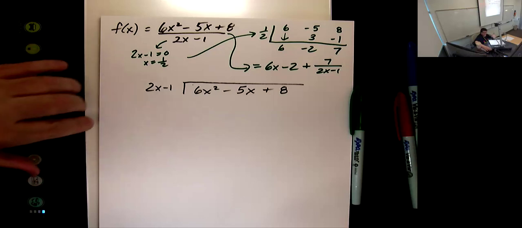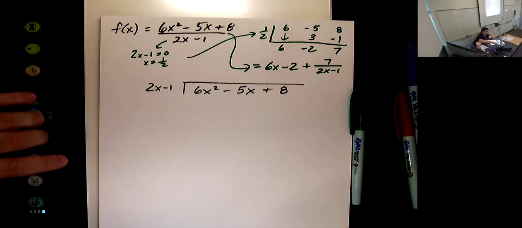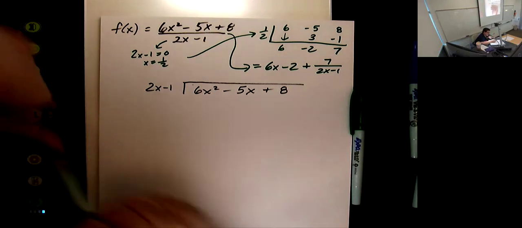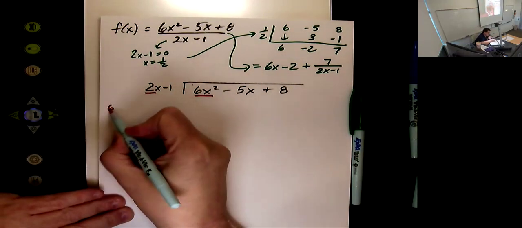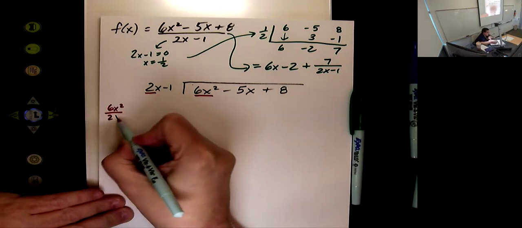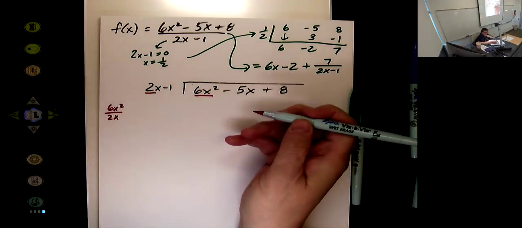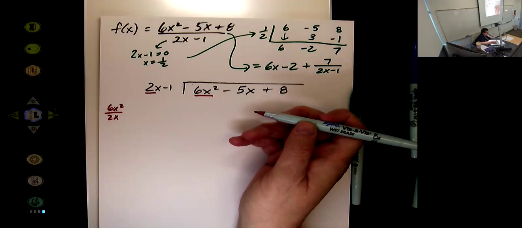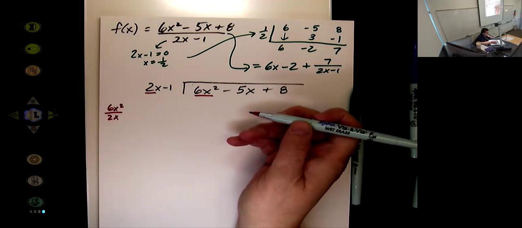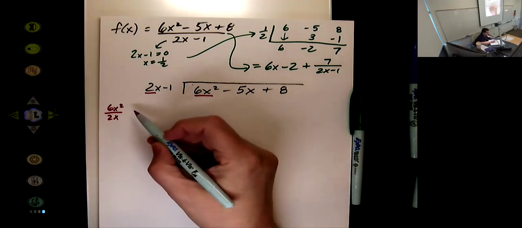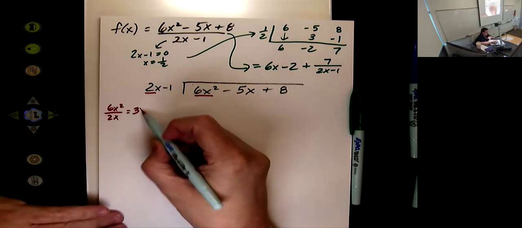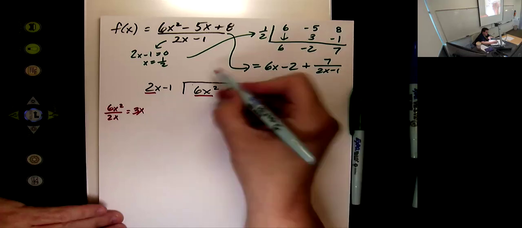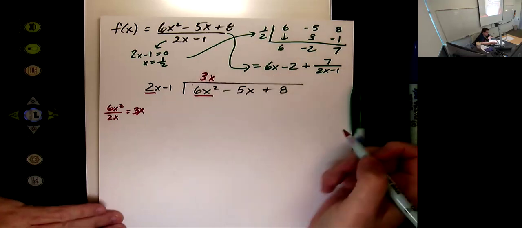Okay, so let's make sure everyone's starting on the same spot here. We want to take the biggest thing on the outside and divide it into the biggest thing on the inside. What do I get if I do that? 3x. So I put the 3x up here.